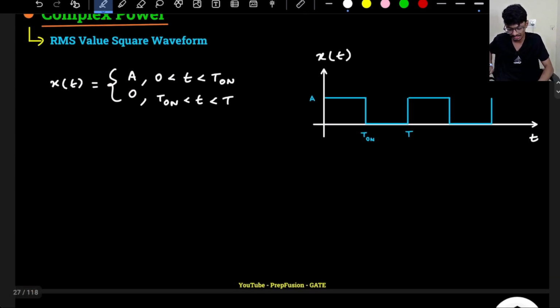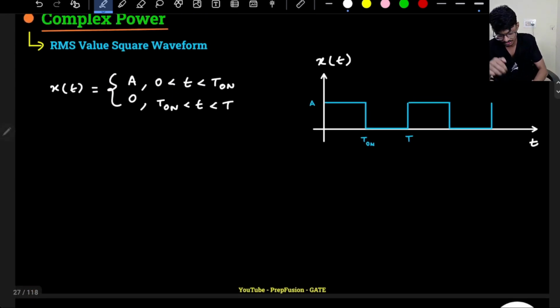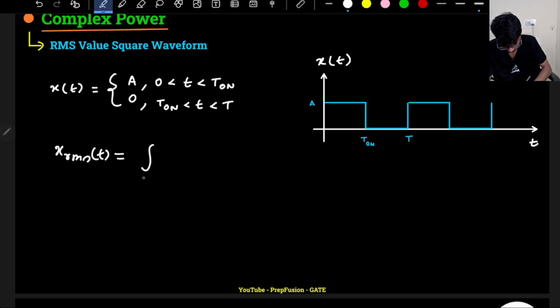What about the RMS value? What is the formula for RMS? For x RMS of t, first I square that waveform. So from 0 to T on, this will be A square dt, plus from T on to T, this will be 0.